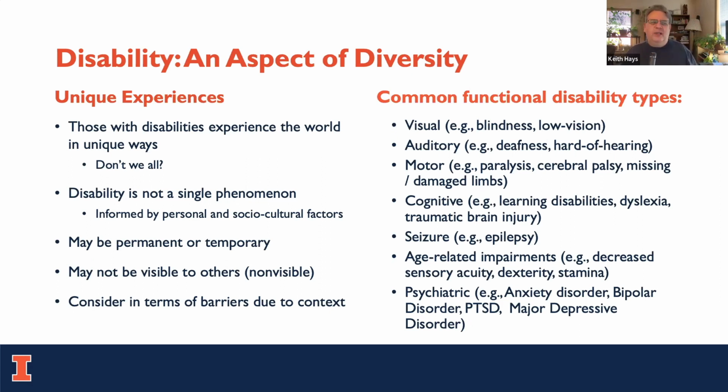We also have age-related impairments that can act as disabilities: decreased sensory acuity, decreased dexterity, decreased stamina. And psychiatric disorders also qualify as functional disabilities: anxiety disorders, bipolar disorders, PTSD, major depressive disorder. In fact, that is one of the largest categories for students in higher ed who self-report having a disability. A major psychiatric diagnosis is their reported disability.